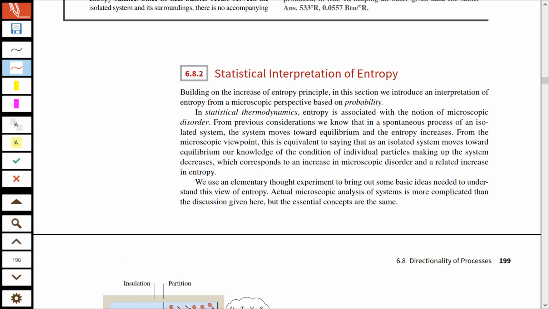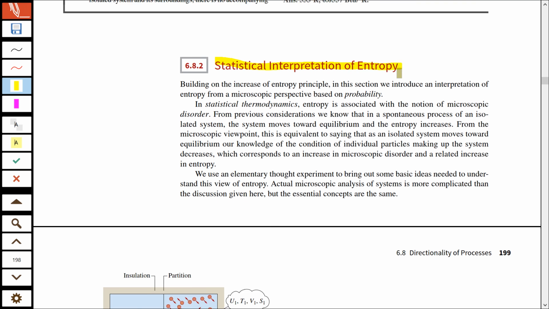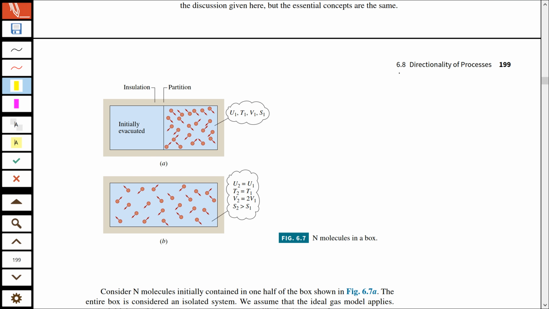Now this section is a quick section about the statistical interpretation of entropy.